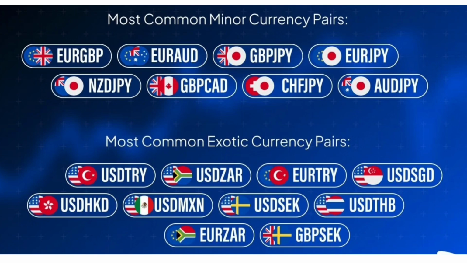So understanding which pair to trade and which time to trade these pairs is very important, because there are some pairs that have the Great British Pound quoted to another currency. For example, we have GBP USD. So you need to know that a pair that has GBP should be traded during the London session, and pairs that have the United States dollar should be traded during the United States session, which is the New York session.